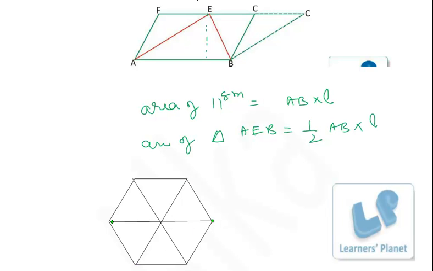Since we know that each angle of a regular hexagon is 120 degrees, we have already discussed this, so this is 120 degrees, this is 60, 60. So a regular hexagon is a combination of 6 equilateral triangles. So the area of a regular hexagon is √3/4 side square into 6, right, because the area of an equilateral triangle is √3/4 side square, and since there are 6 equilateral triangles, the area of the hexagon will be √3/4 side square into 6, right?